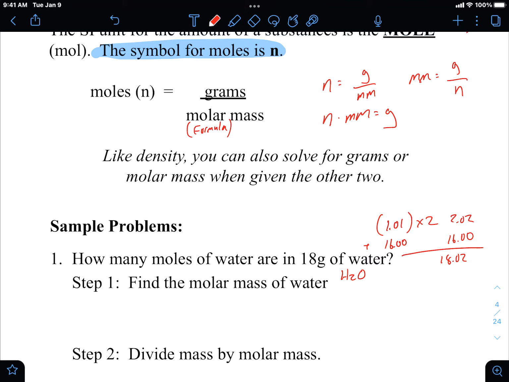And the molar mass has very specific units: grams per mole. That's important. Whenever you answer a question on molar mass or use the value of molar mass, you have to use the correct unit, grams per mole. So 18.02 grams per mole.